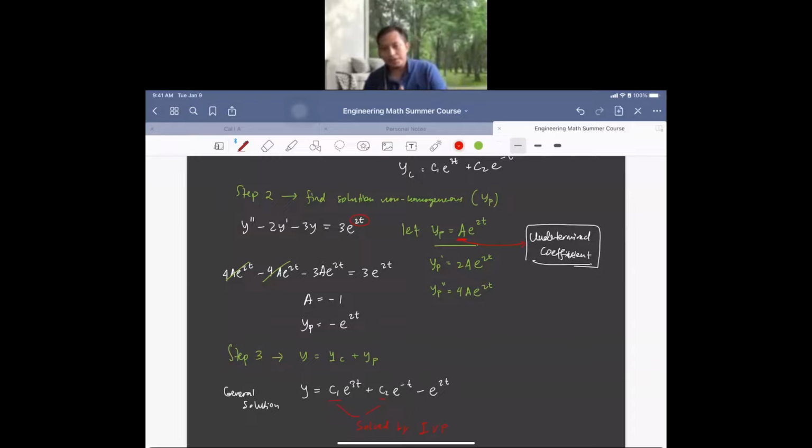But there are some limitations and restrictions on how we are going to write these undetermined coefficients. Okay, it seems that we are guessing some numbers, but we need to guess correctly. We need to guess correctly.